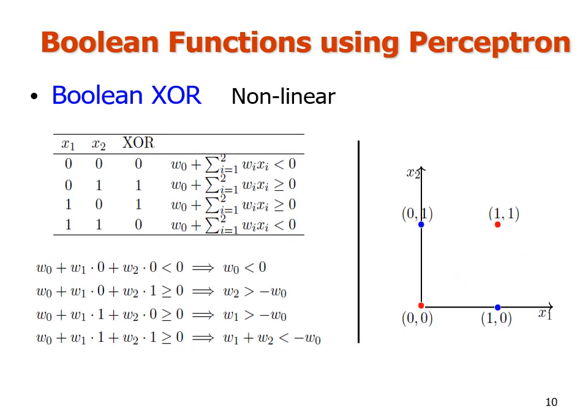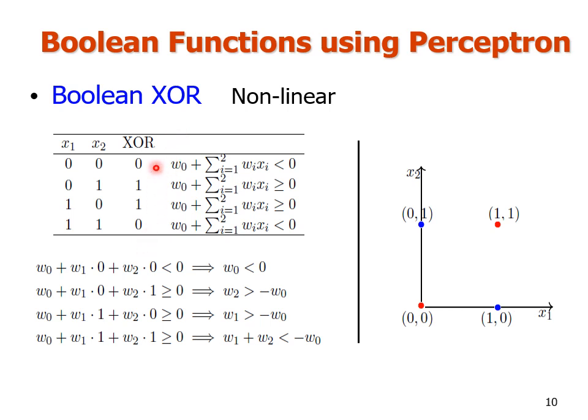Now, let us see another Boolean function, that is a function which is non-linear, and this is the exclusive OR, XOR function. In a similar way to the OR function, we have here the truth table for the XOR function.